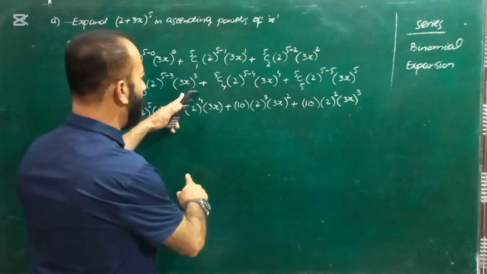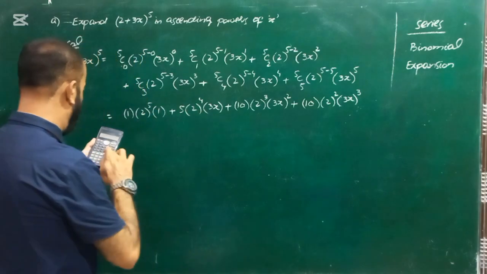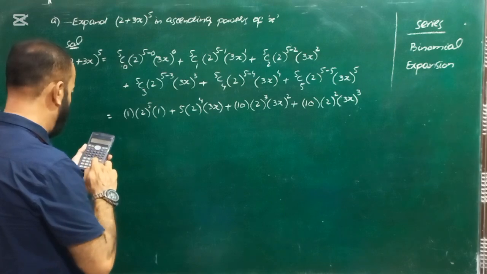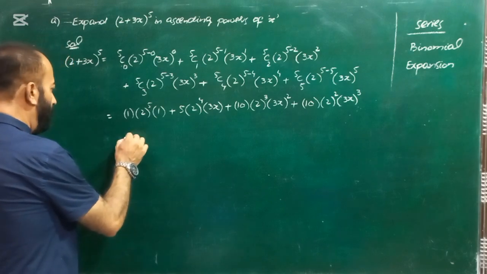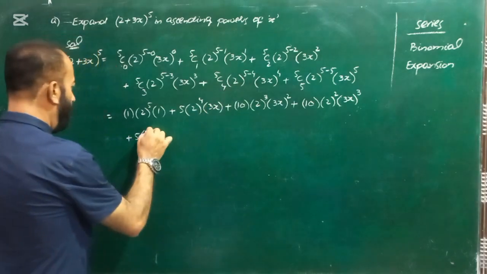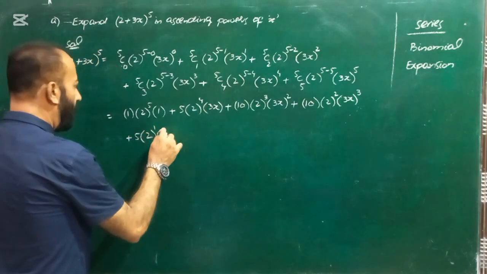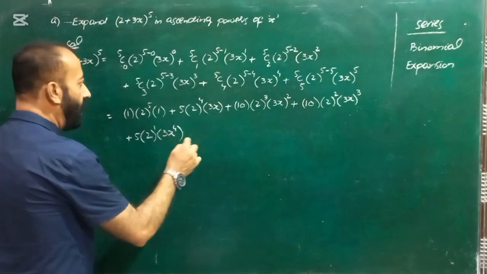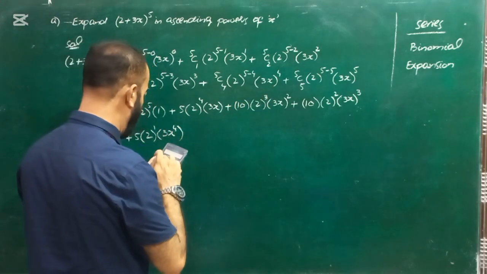So we are coming here now, 5C4. So 5C4, answer is 5. 2 raised to power 1 and 3x raised to the power 4. And the last value is 5C5.